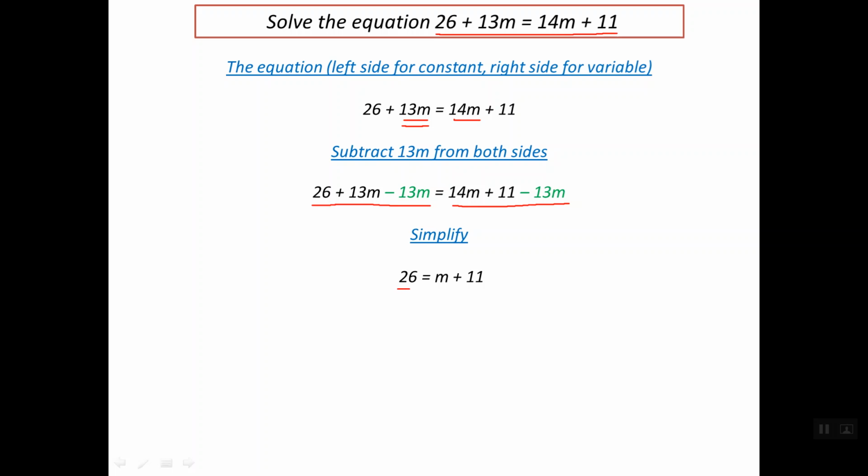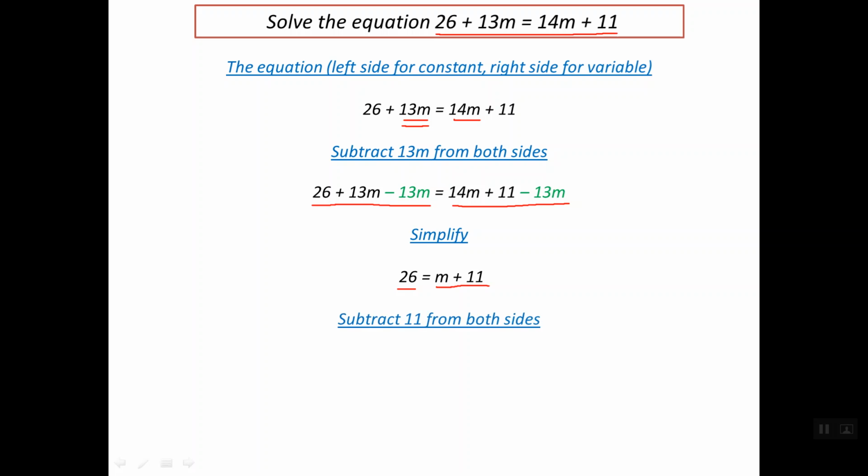For the left side, the remaining is the constant 26, and for the right side, 14m minus 13m is m plus 11. As you see here, now the variable m is on the right side of the equation and the constant is on the left of the equation.